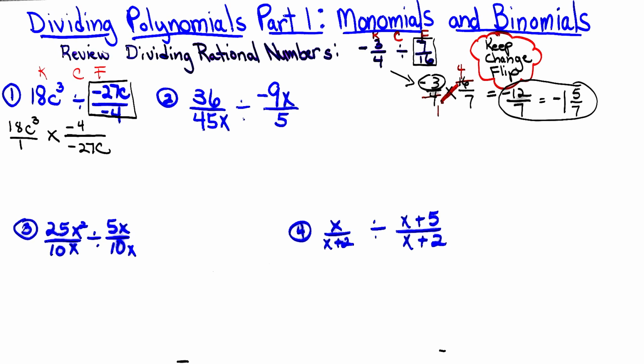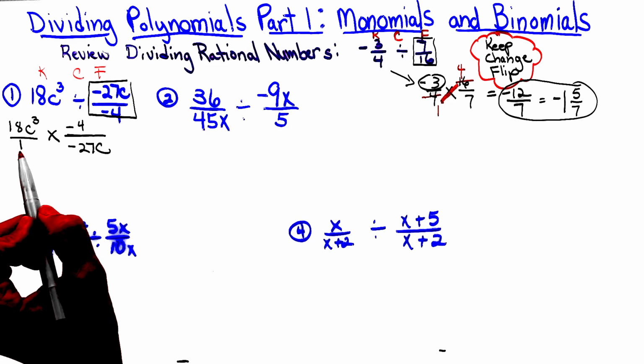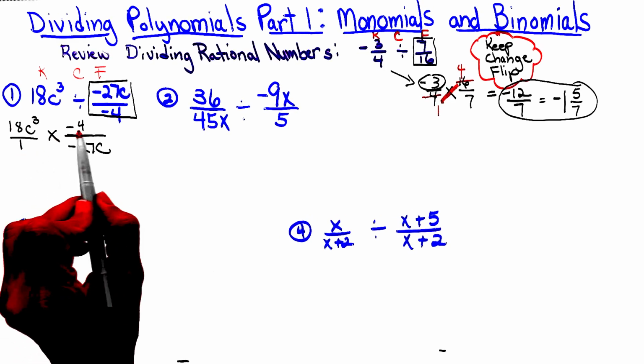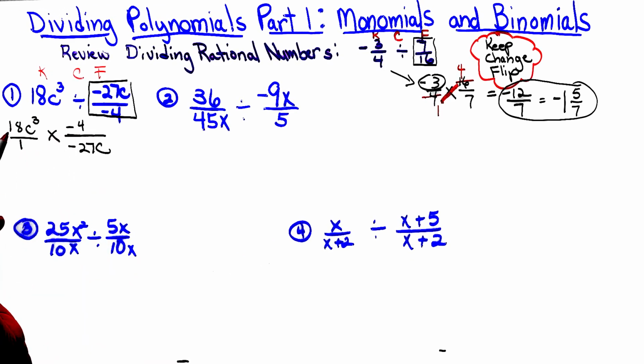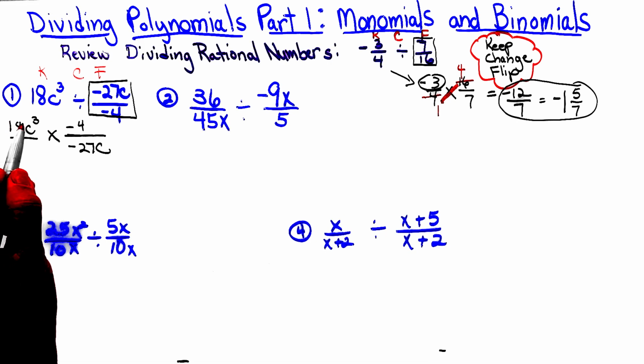So I want to see, can I simplify before I multiply? I'm looking at this, and I see the 1 and the negative 4, that answer is no. But when I see an 18 and a negative 27, I know that I can divide by 9. 9, I think, is the biggest. So 18 divided by 9 is 2.